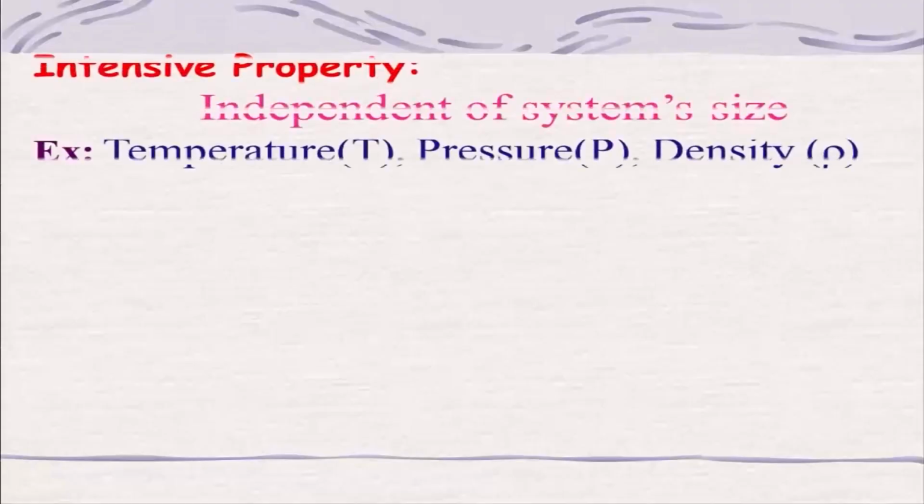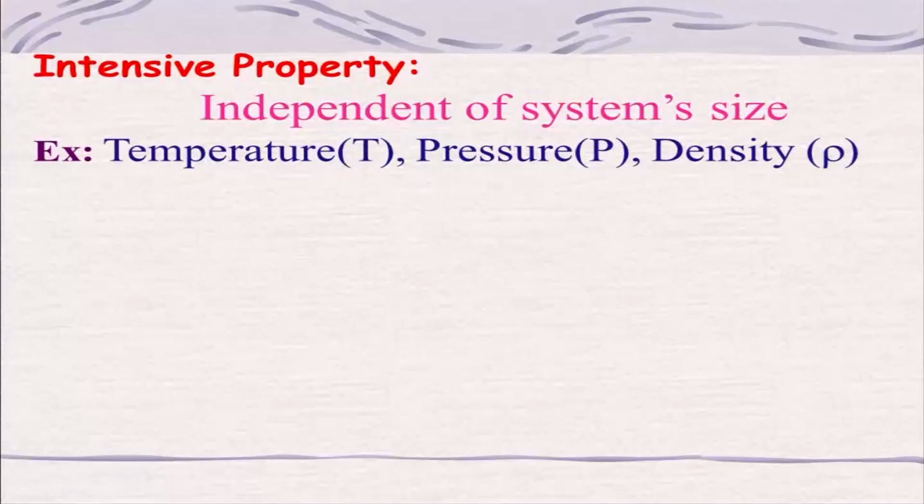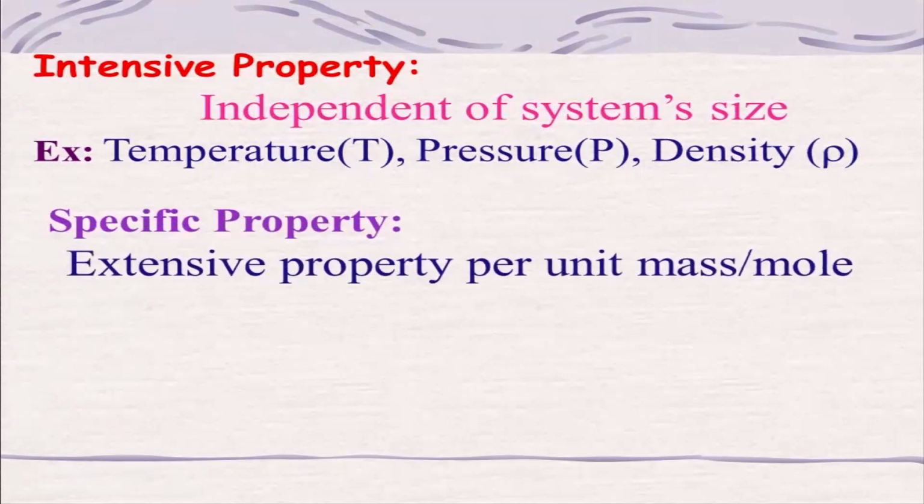That means an intensive property is basically independent of system size, whatever the size may be. Generally pressure, temperature, density are independent of the system size. So, therefore, we call it an intensive property, and there is another kind called specific property.